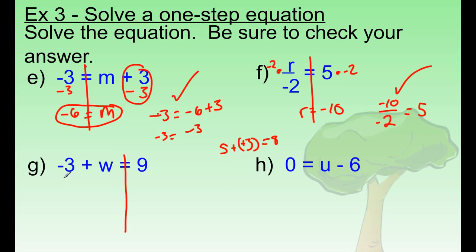The way you get rid of a negative is the positive. That term will cancel out. On the other side, if you add 3, W equals 12. Let's see, the check would be negative 3 plus 12 equals 9, and negative 3 plus 12 does equal 9.